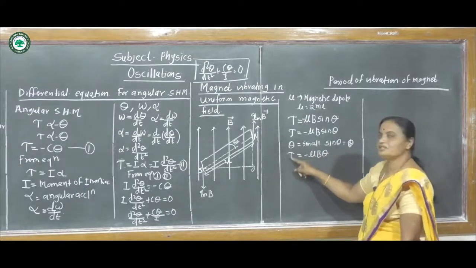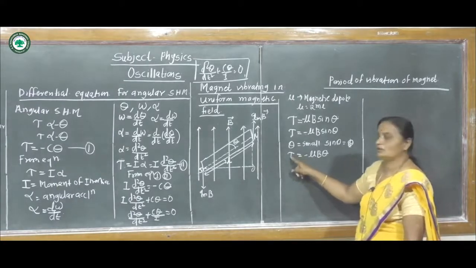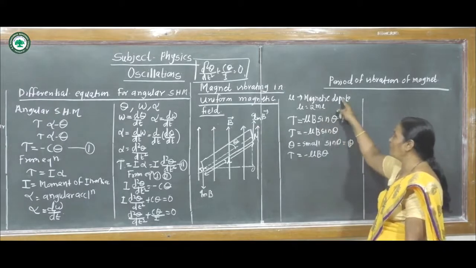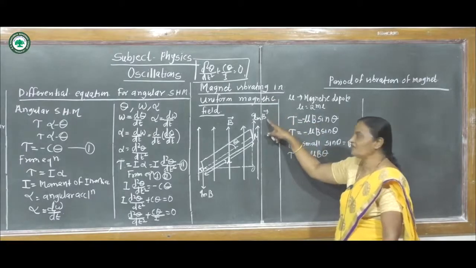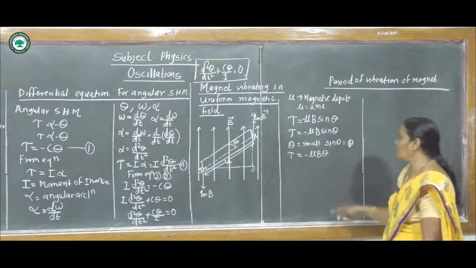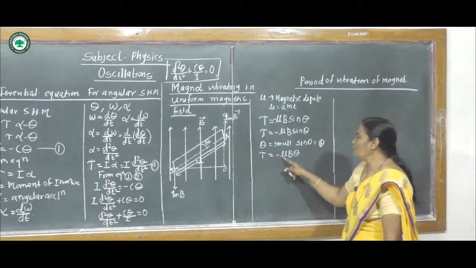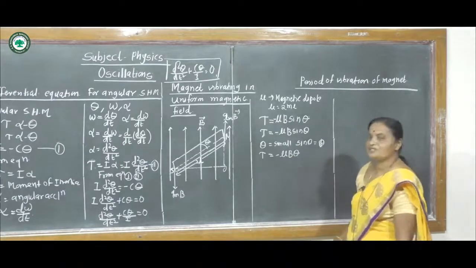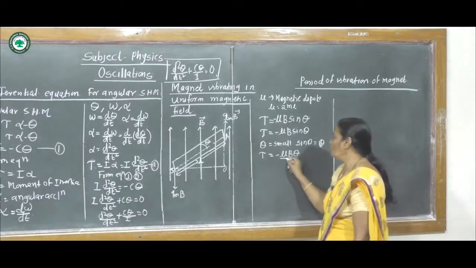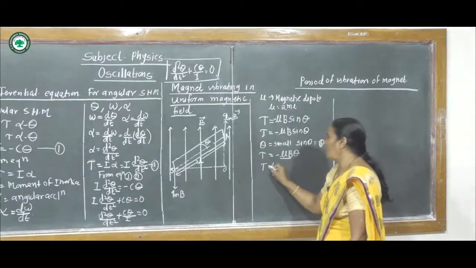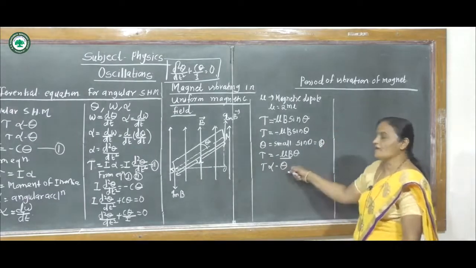Restoring torque is equal to minus mu B theta, where tau is the torque, mu is the magnetic dipole moment, B is the magnitude of the uniform magnetic field, and theta is the angular displacement. Suppose mu and B are constant, then from this equation we can say that torque is directly proportional to minus theta, which is the condition for angular SHM.